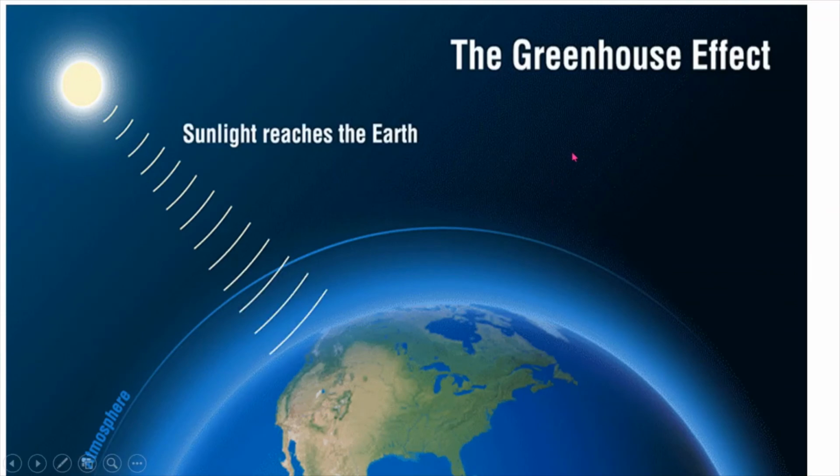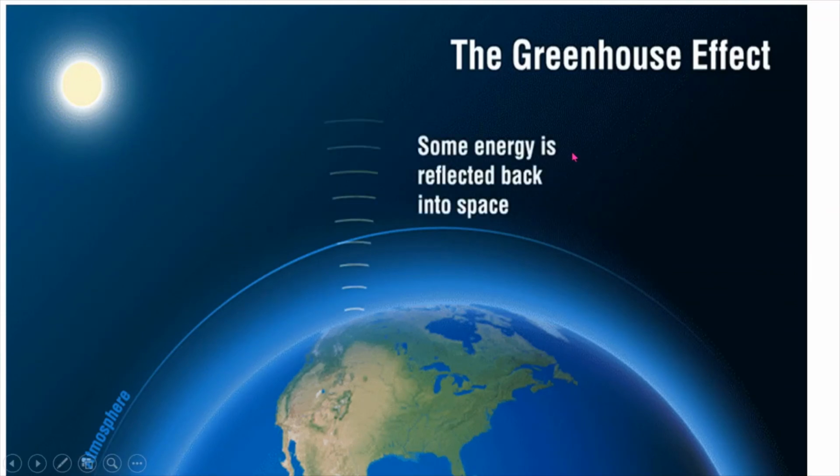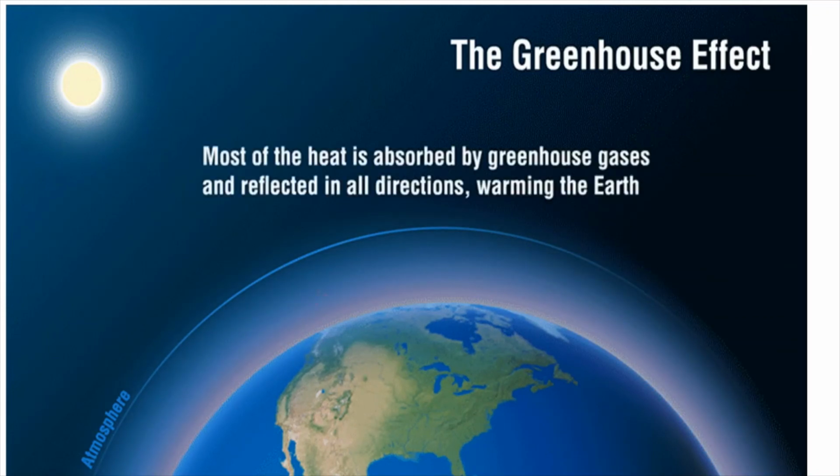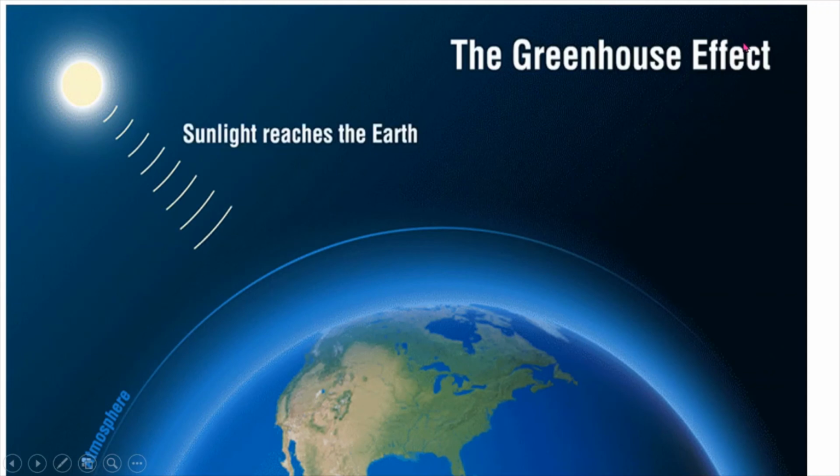Greenhouse effect, how it is affecting. Some energy is reflected back into the atmosphere after reaching the sun's heat. Some is absorbed. Most of the heat is absorbed by greenhouse gases and reflected in all directions, warming the earth. If it reflected back into space, nothing would happen.